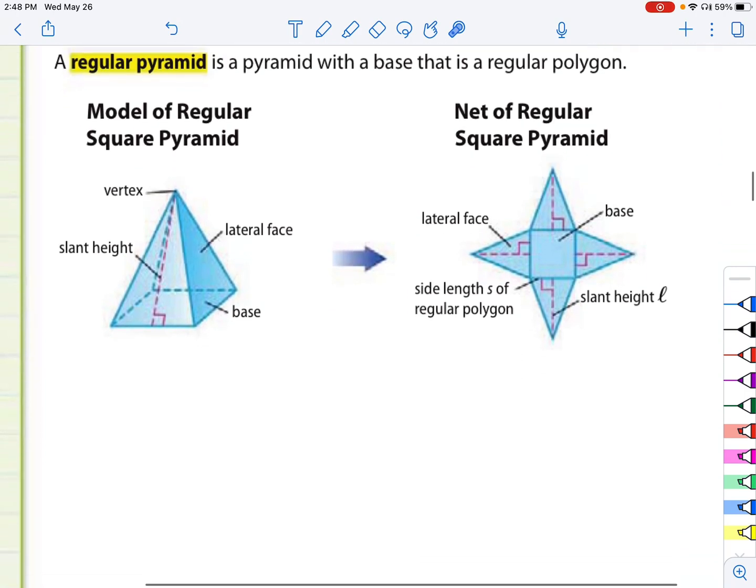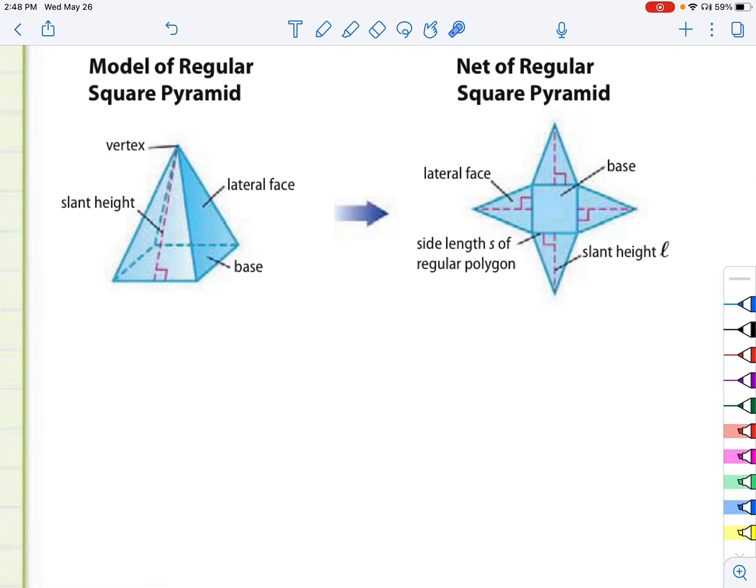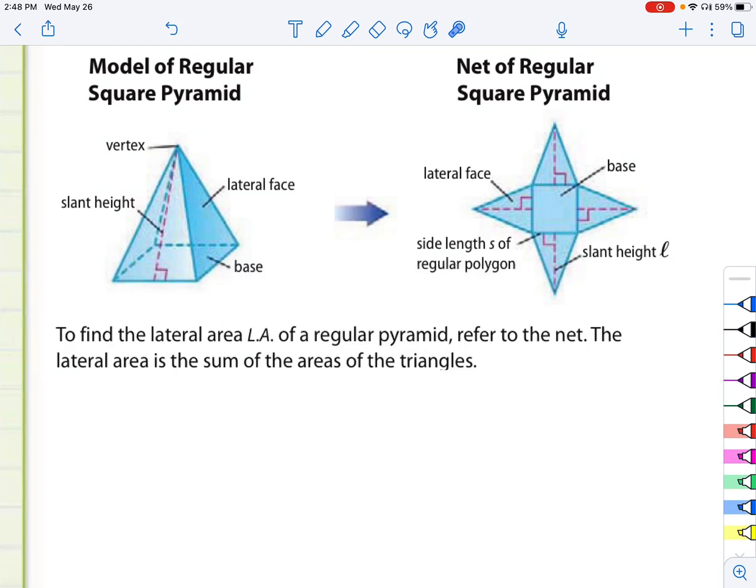Now let's dwell on this further to find out how we found the formula for the surface area of a pyramid. In this case, to find the lateral area of a regular pyramid, we refer to the net. So this is our net. The lateral area is the sum of the areas of the triangles. So we get the area of all four triangles right here.